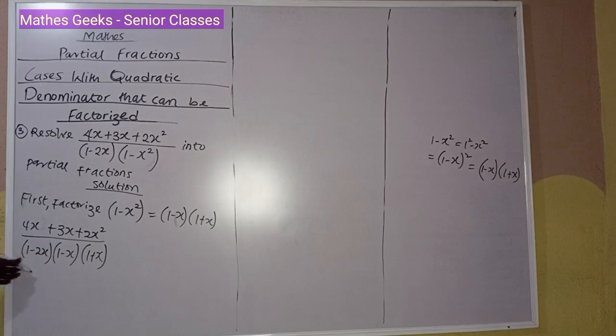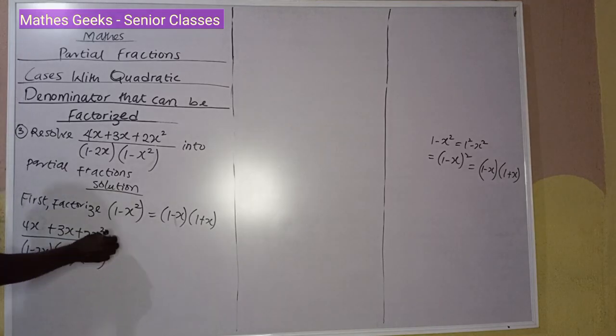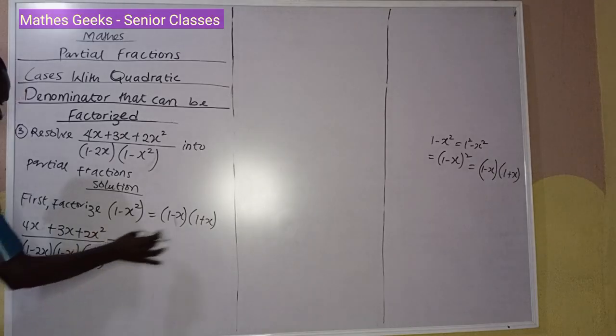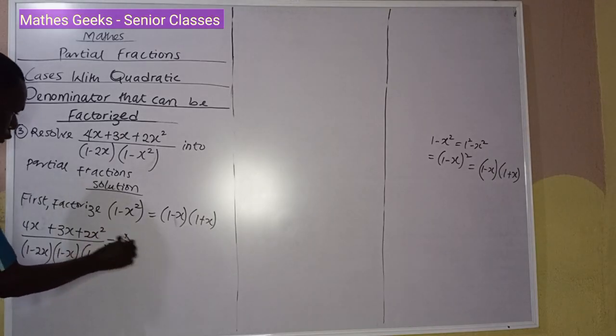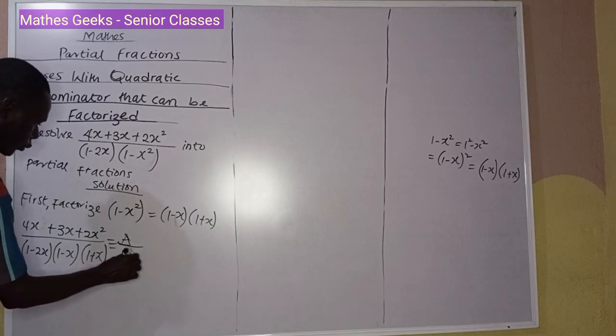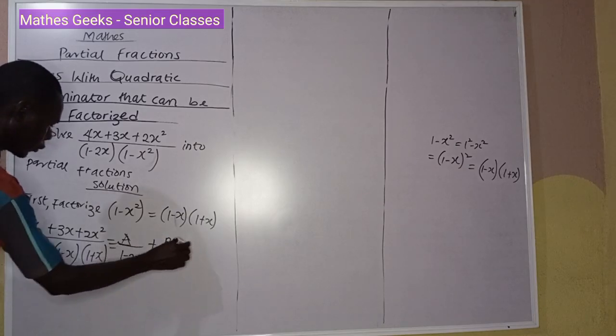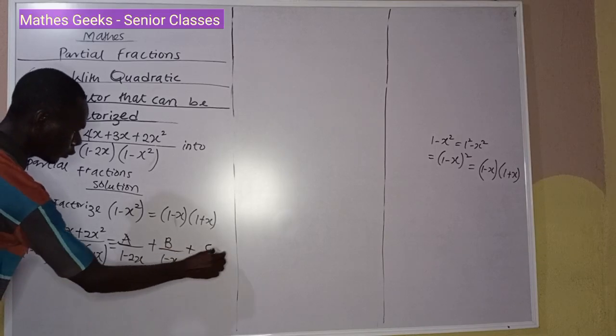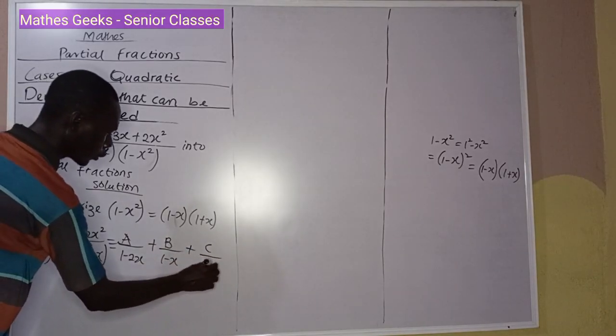Since we have 3 factors, this expression will be identical to 3 separate fractions in parts. So this will be a over 1 minus 2x plus b over 1 minus x plus c over 1 plus x.